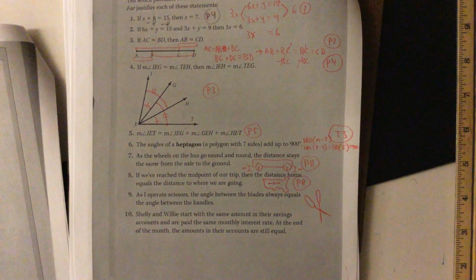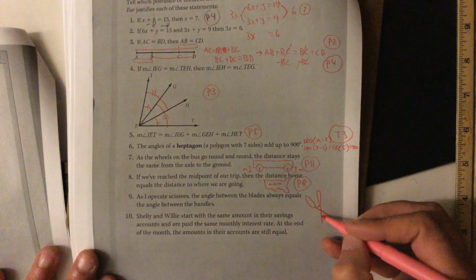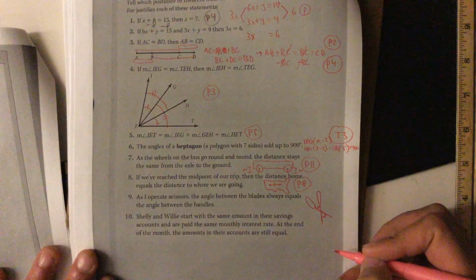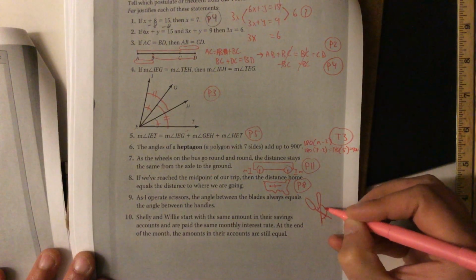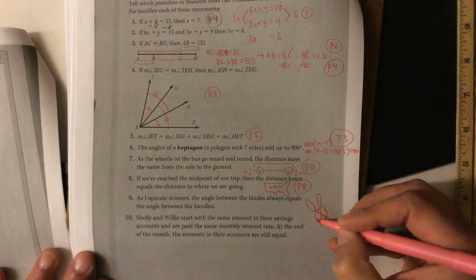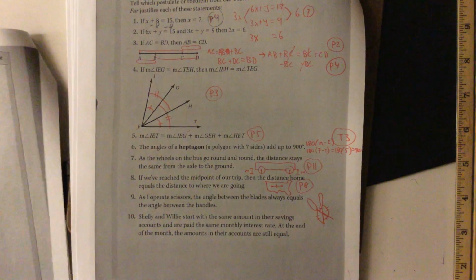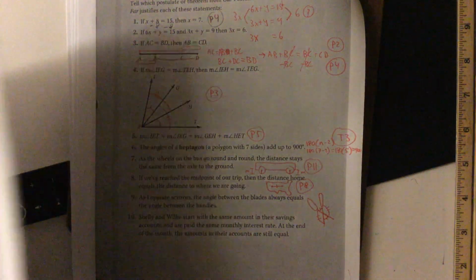And what we know about two intersecting lines is that the vertical angles are congruent. So that angle is congruent to that angle, and this angle is congruent to this angle. And we, of course, know that that is theorem 1, the vertical angles theorem: vertical angles are congruent. So that's T1.